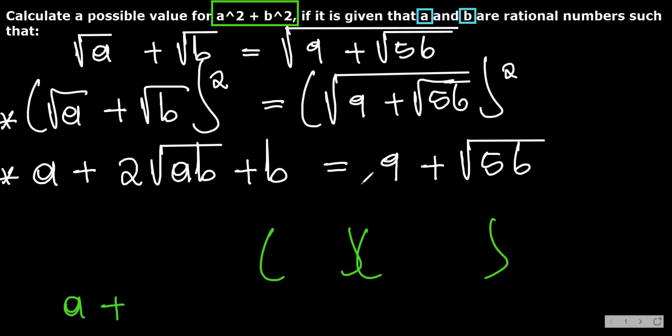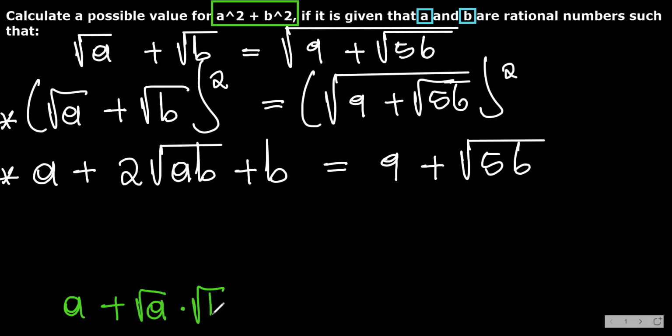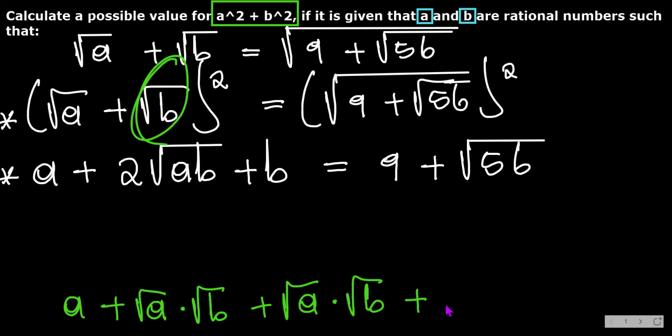I'm just assuming that you are now comfortable with the FOIL method. Then you will get square root a times square root b here, and this one times that, you'll get square root a times square root b as well. And lastly, this one times itself, you will get b. That's what I'm saying to you here.